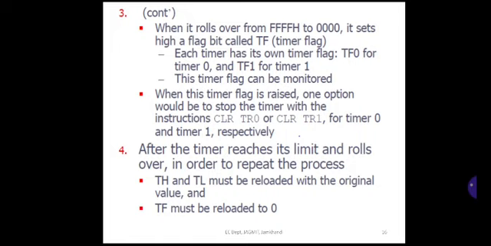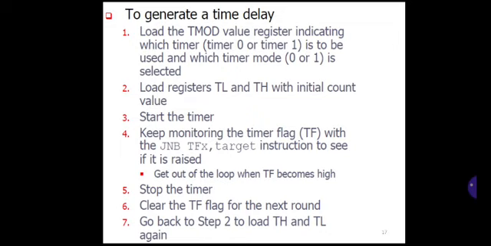So whatever value you loaded earlier, the same value must be reloaded into the TH and TL registers. TF must be reloaded to 0. Remember, the TF value is not going to be cleared automatically. That has to be cleared by using an instruction. So this is the procedure.